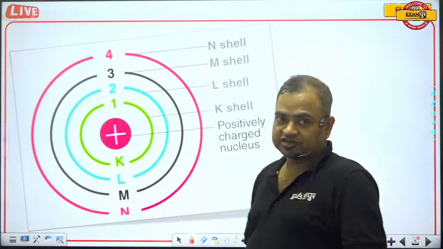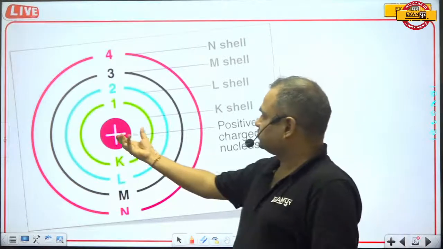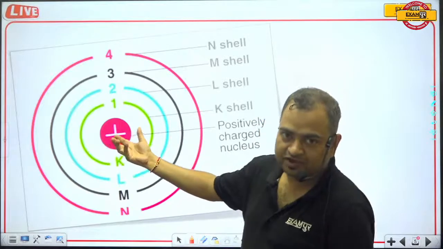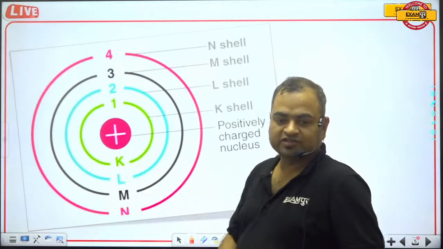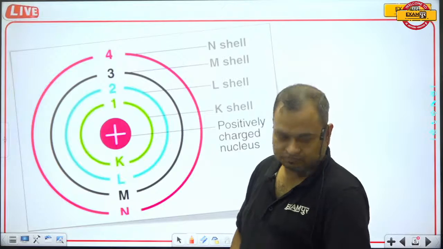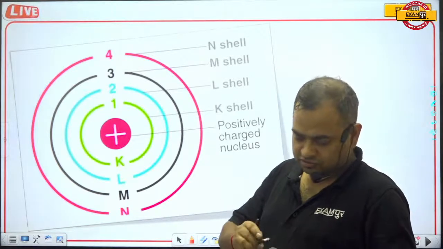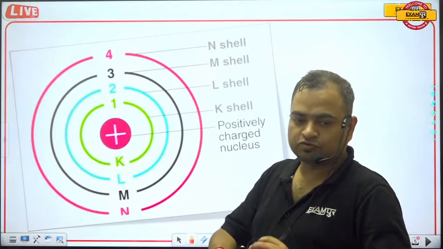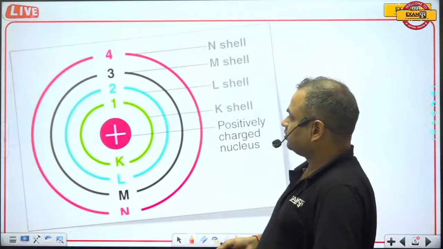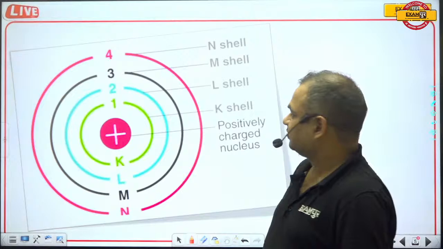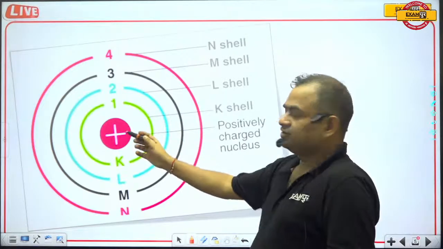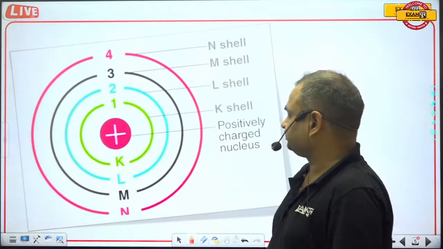Here is the positive. We all know that there are two particles which reside in the nucleus of an atom. Okay, proton and neutron.